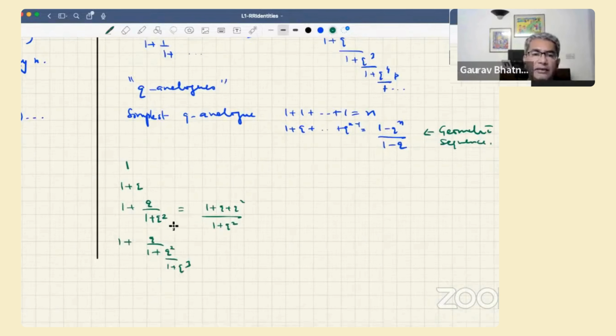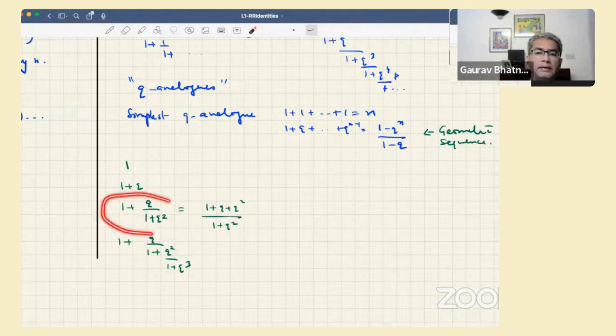So we would like to use this right here and use it here, but things are not matching up quite. There's an extra power of q here. What we did in the previous case, in the Fibonacci case, was use the previous term. Here it's not possible. So we can start with something slightly more general.